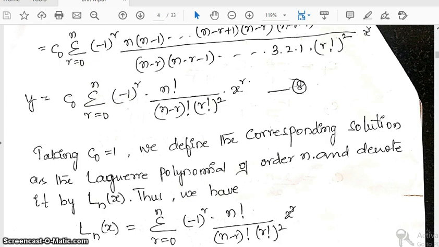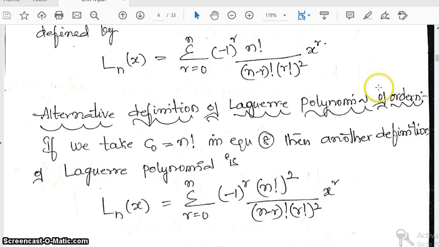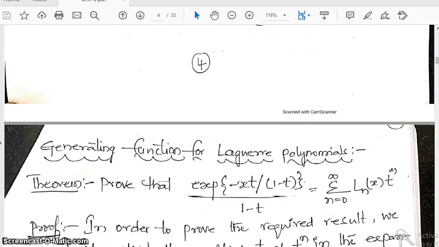That is called another definition of the Laguerre polynomial of order n, with C_0 equal to n factorial.